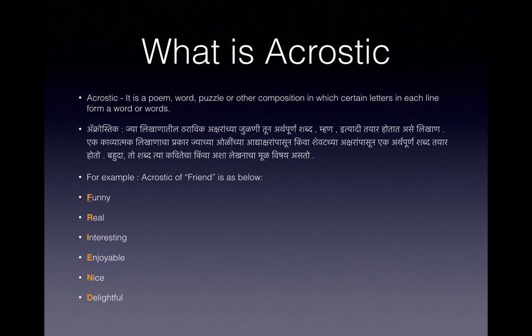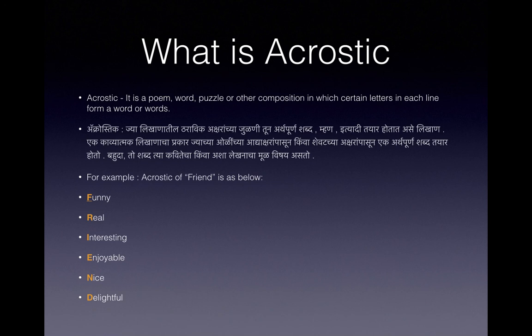For example, we will learn how to write an acrostic of friend. I have given this example written here, the acrostic of friend. FRIEND. This is the spelling of friend, and from each letter we will have to write one word. So how I have written here: F funny, R real, I interesting, E enjoyable, N nice, and D delightful.